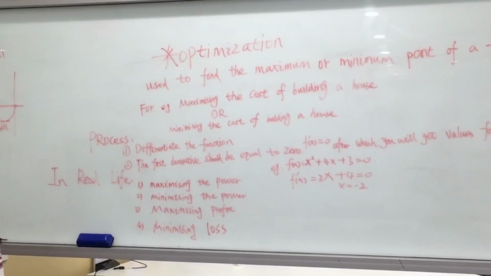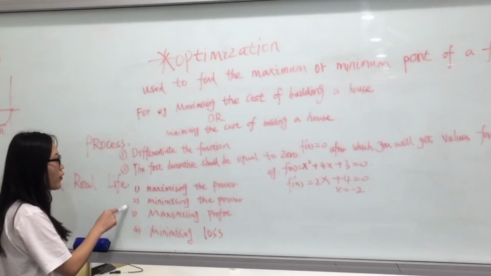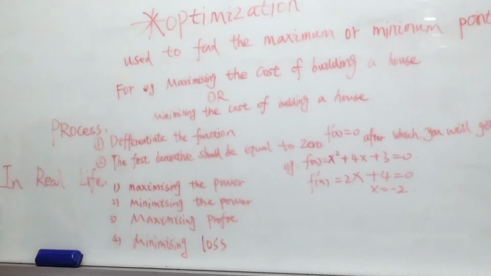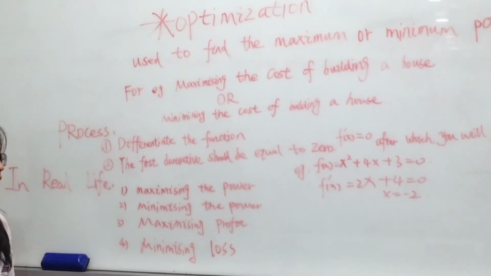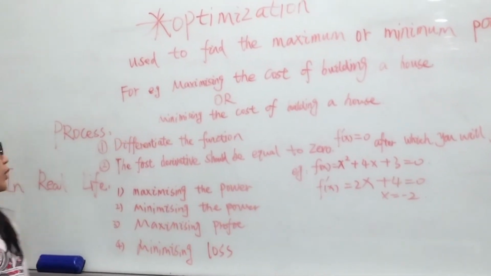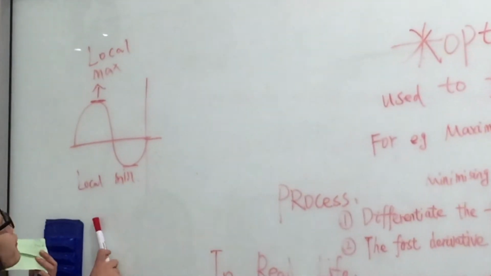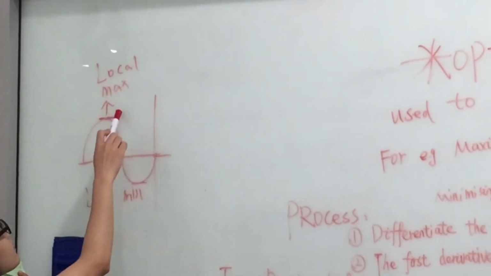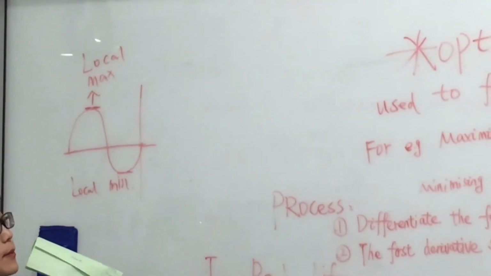In real life, optimization can be used for four things: maximizing the power, minimizing the power, maximizing the profits, and minimizing the loss. For example, in this graph, this is the local maximum point, and this is the local minimum point.